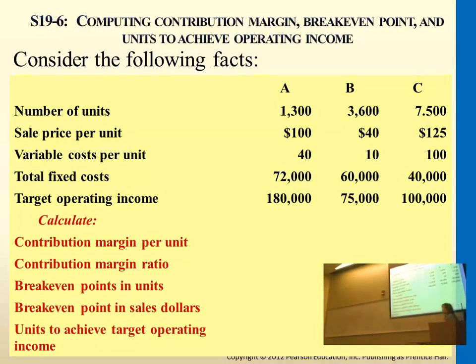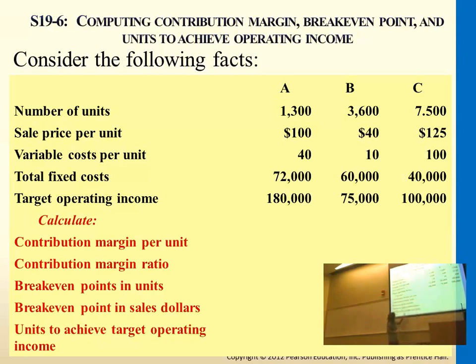Let's combine all the ratios and formulas we talked about earlier. From the information of ABC companies, you have the number of units being sold, sales price per unit, variable cost per unit, fixed cost, and the target operating income.